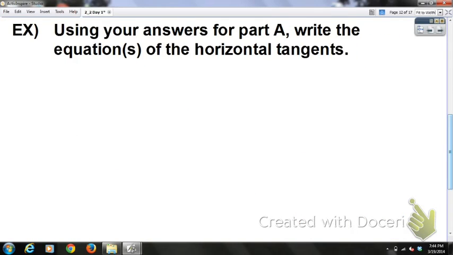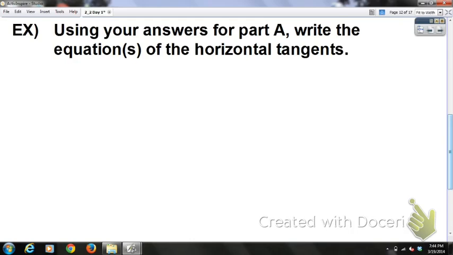The last question for tonight is to use our answers from Part A to write the equations of our horizontal tangent lines. Well, we've established for B there are no horizontal tangent lines because it was not possible to have our derivative equal to 0. But for Part A, we had 3 different x values where our derivative was equal to 0.